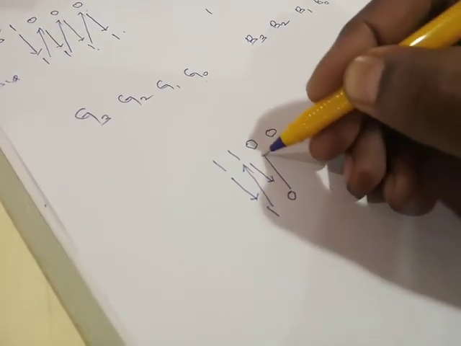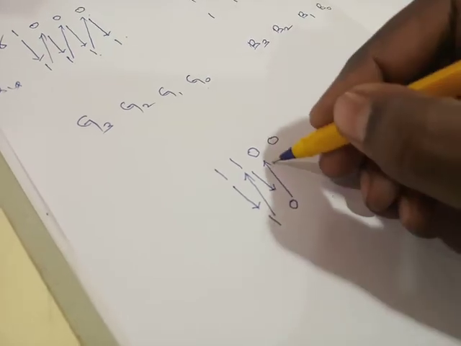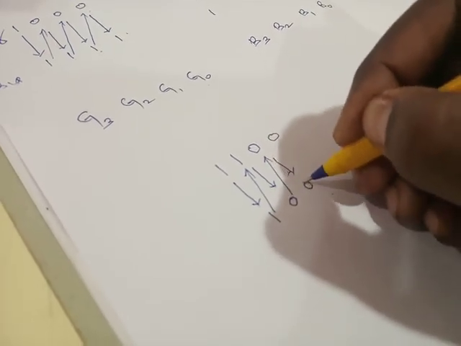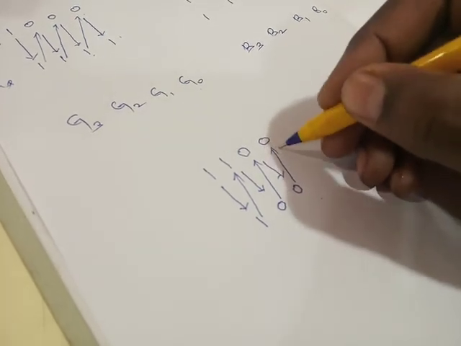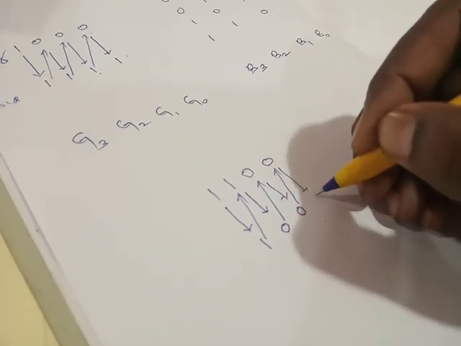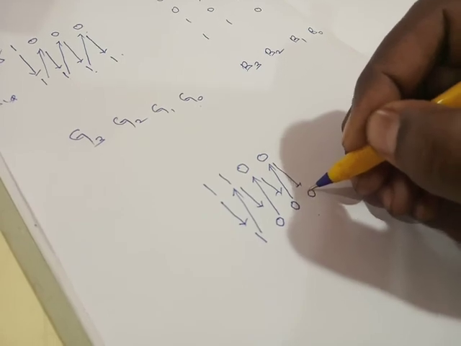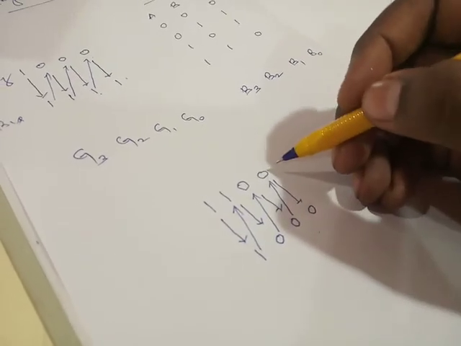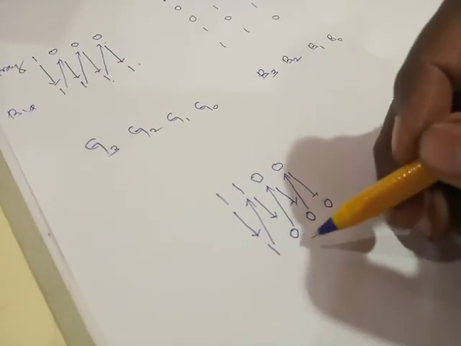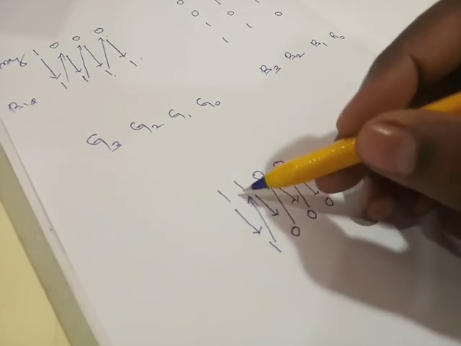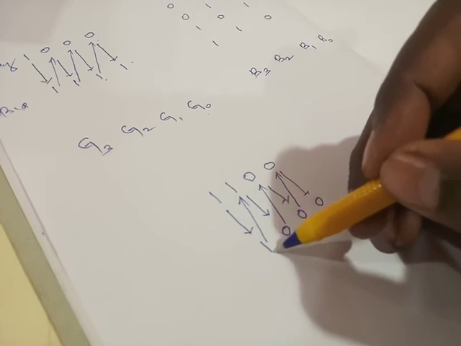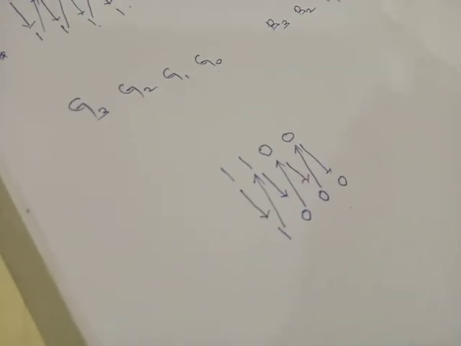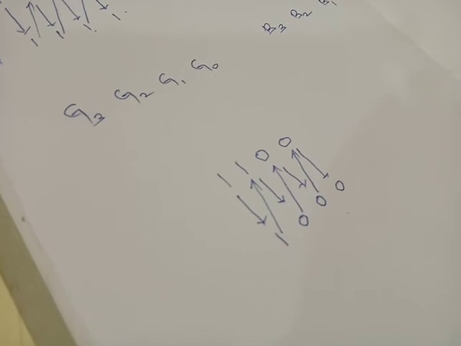Next, XOR of these two, 0 and 0, I will get 0, and these two, 0 and 0, again I will get 0. Okay, so this is the equivalent binary code for the respective gray code. For gray code 1100, my binary will be 1000. This is how we can convert gray to binary.